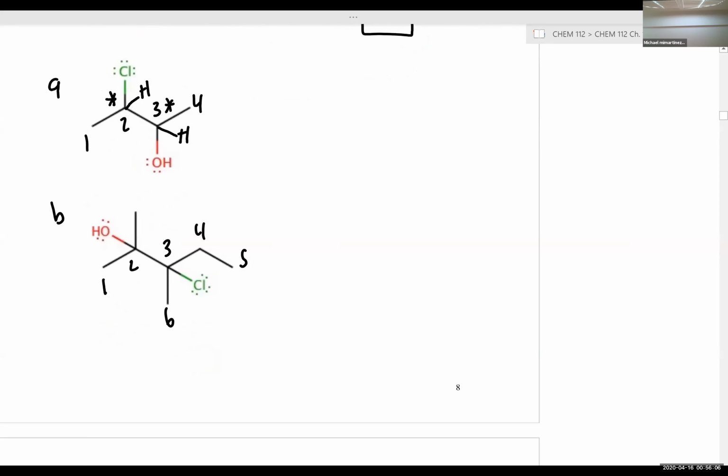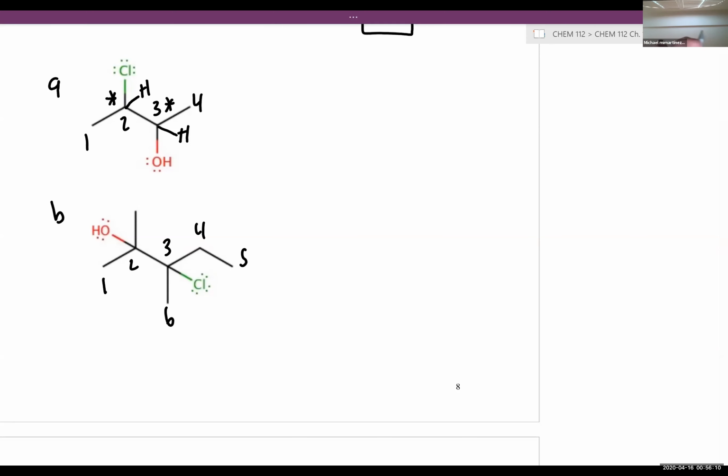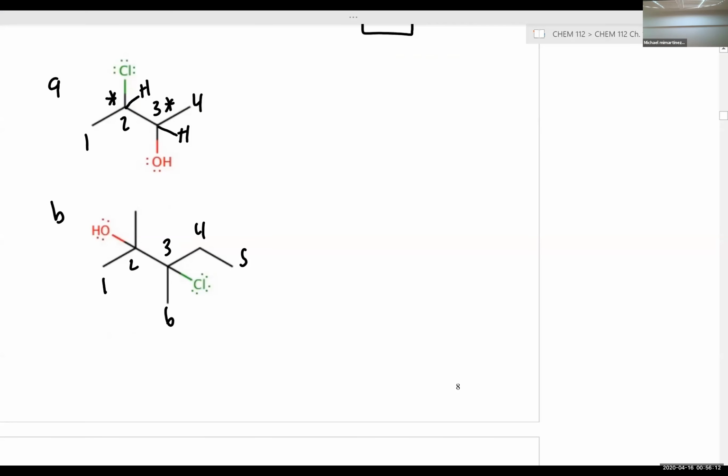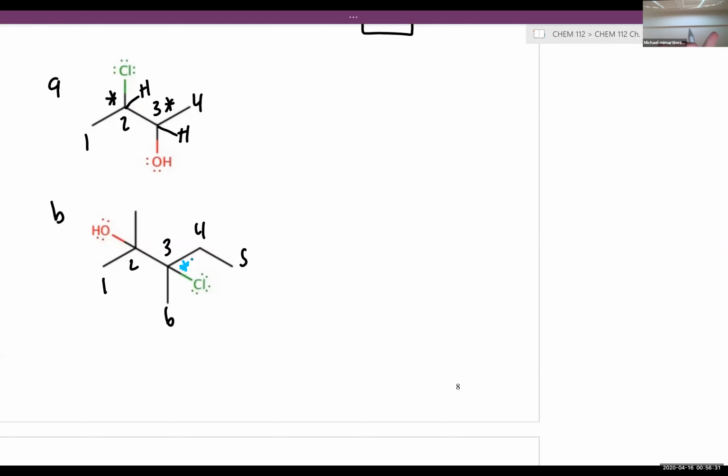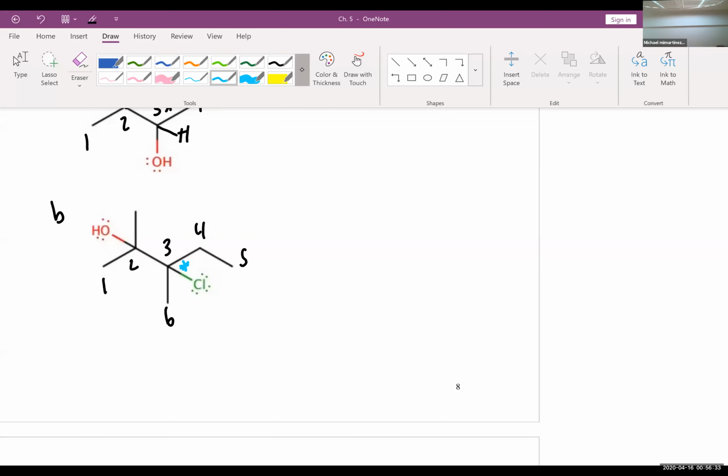Let's take a moment and let's look at question part B. So which centers are chiral in structure B? What carbons are chiral? Okay, I see a lot of people. So 3 is the only chiral center. And would someone like to talk a little bit?